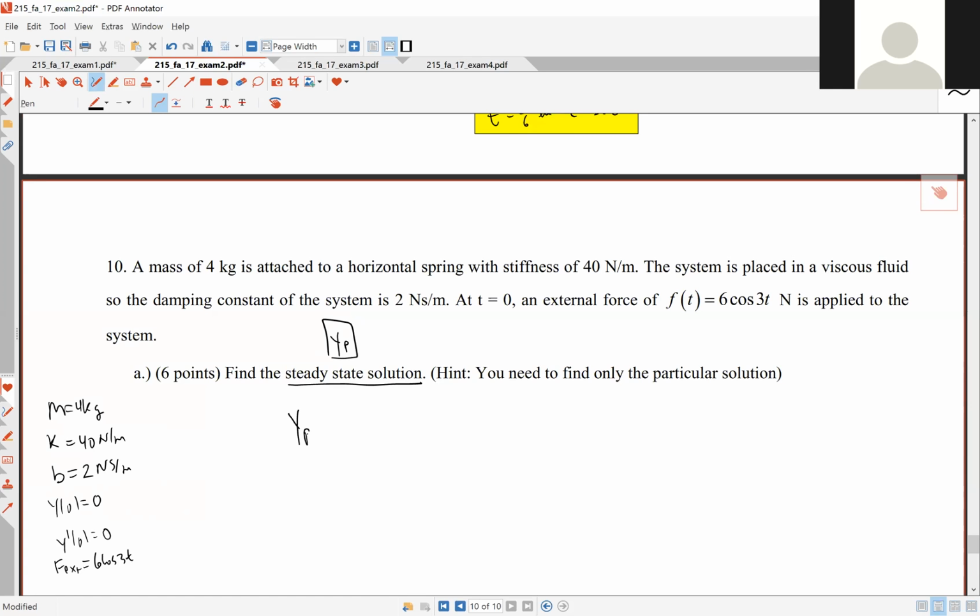And that solution, y particular, that we derived, is F naught over the square root of (k minus m gamma squared) squared plus b squared gamma squared, times sine of gamma t plus phi.